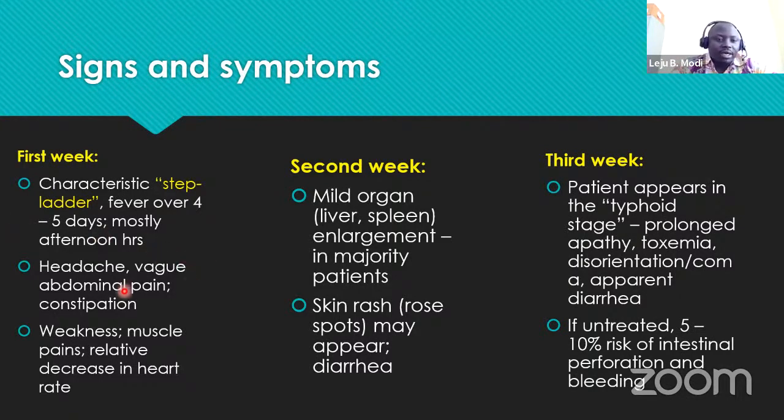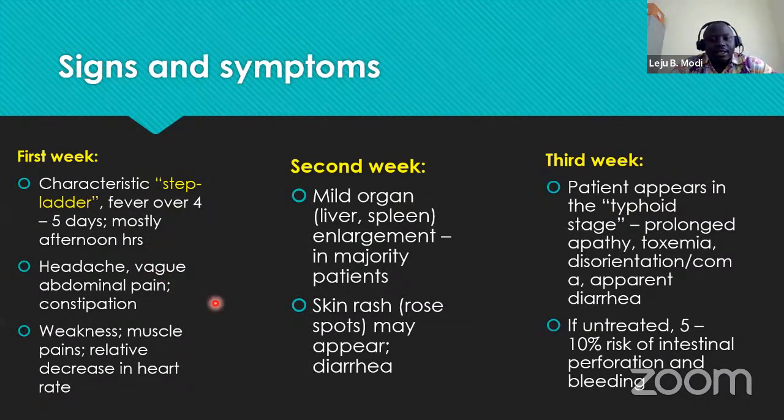Headache, vague abdominal pain, constipation are some other signs and symptoms within the first week. Some people may get weakness, muscle pains, relative decrease in heart rate. This is hard to assess, unless somebody is there every day taking their heartbeat. But the weakness and the muscle pains, the patient should be able to report. These are typically things within the first week of onset of symptoms.